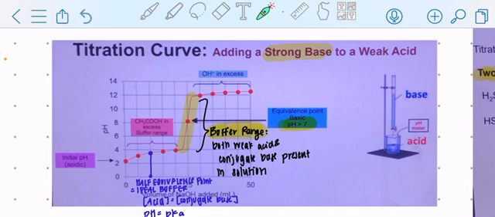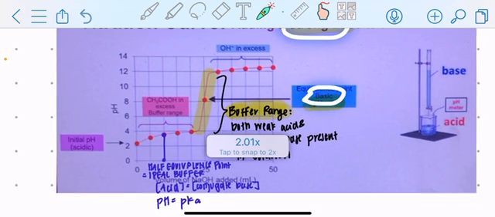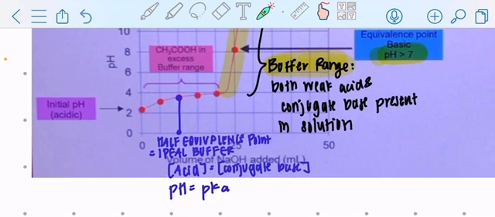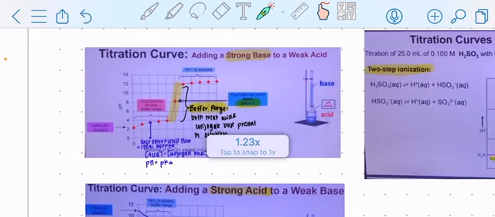Here we also see that the pH will be greater than 7, and this is because of the strong base added to it. We see that the half equivalence point is where the ideal buffer would be, where the acid concentration is equal to the concentration of the conjugate base and pH is equal to pKa.